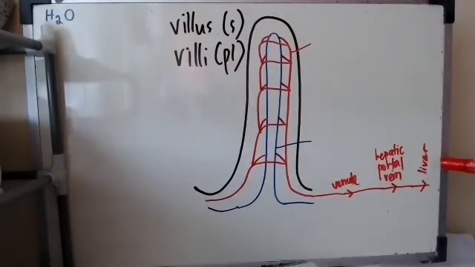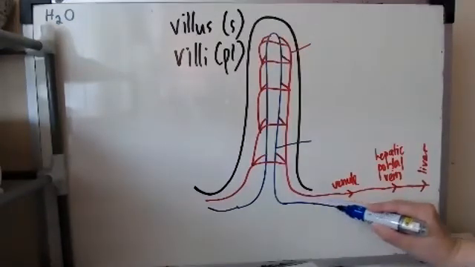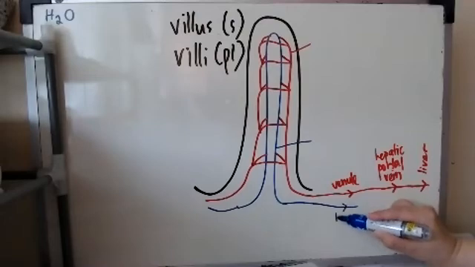The liver will make sure that the blood glucose level is constant before sending it to the whole body. It will also regulate the amount of amino acids in the blood before sending it out to the whole body. But for the lacteal, it will go to the lymphatic system.